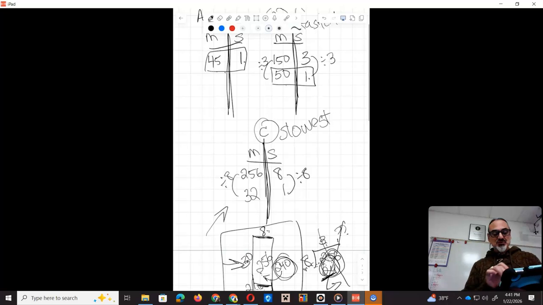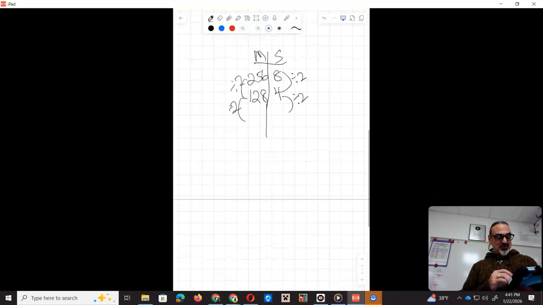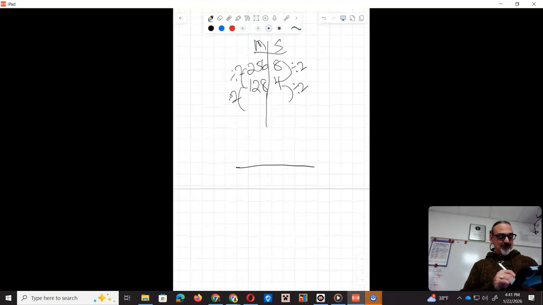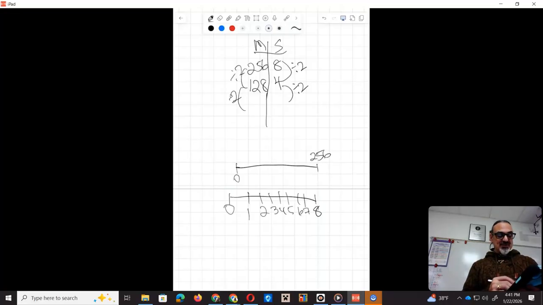So if you see them using ratio tables or double number lines where they're figuring out this is 0, 0, and they've got 256 is the same as 8. So then where does 1 go? All the way 2, 3, 4, 5, 6, 7. I mean, it works like a ratio table.